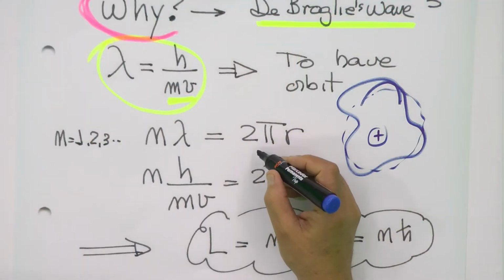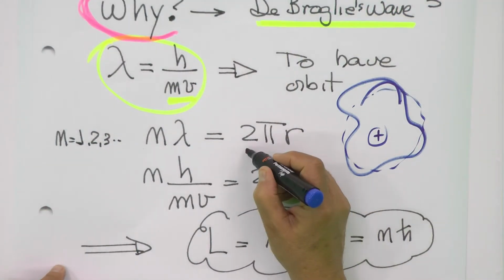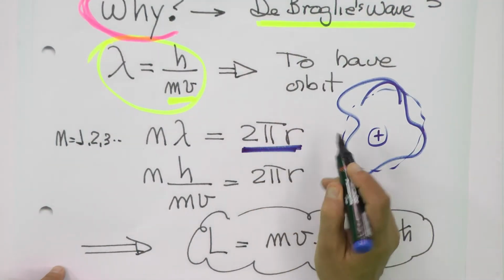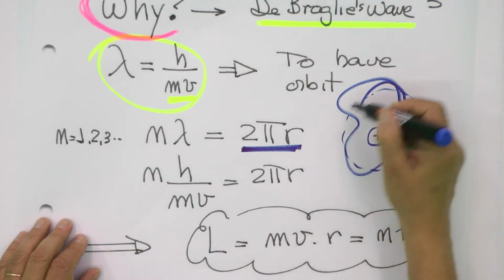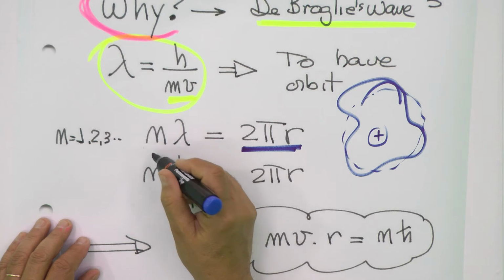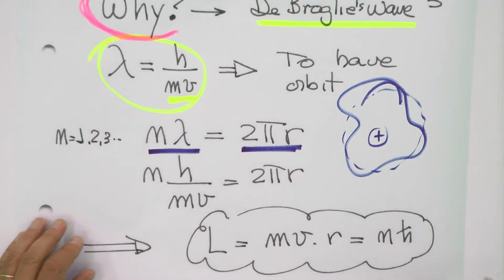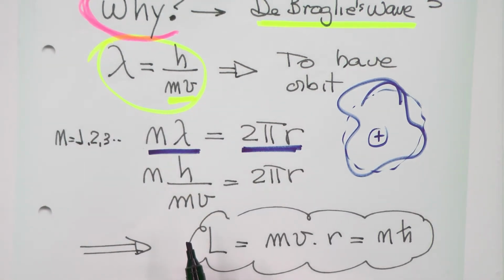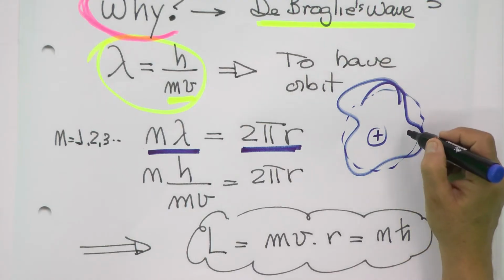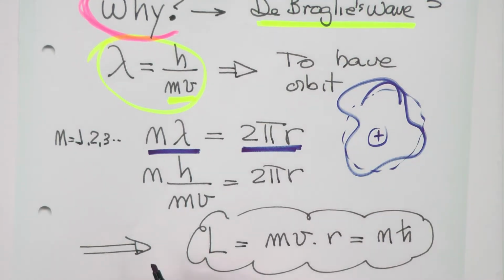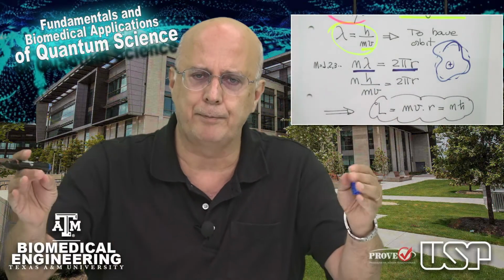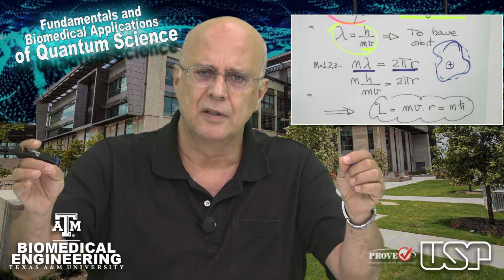The length of the perimeter of the orbit, the length of the orbit, has to be an integer number of the de Broglie wavelength. Because that's a way to match the wave well inside the space available. It's like the particle in a box.